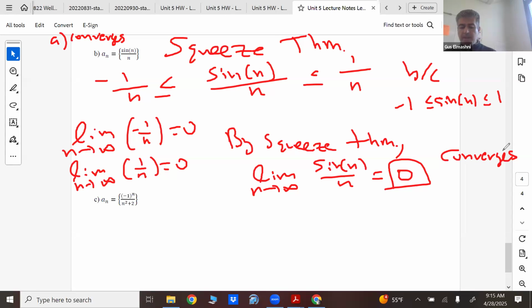Again, we do see, by the log properties, that 2 to the n is much bigger than n. And of course, here we do squeeze theorem. And the last one, I'll do blue here for a bit of contrast.